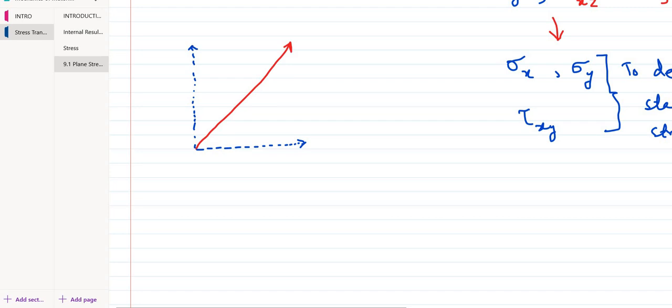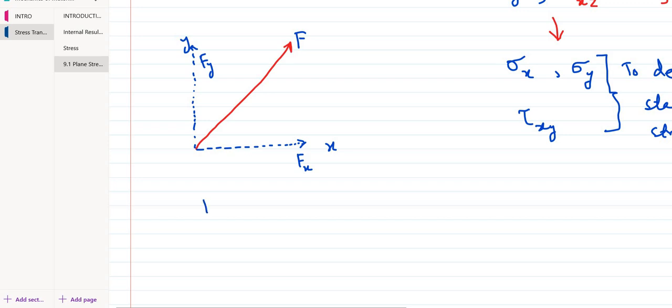So if you call these axes x and y, for example, if this was vector F, then this would be called Fx, and this would be called Fy. Now, you were able to resolve F into components, Fx and Fy.